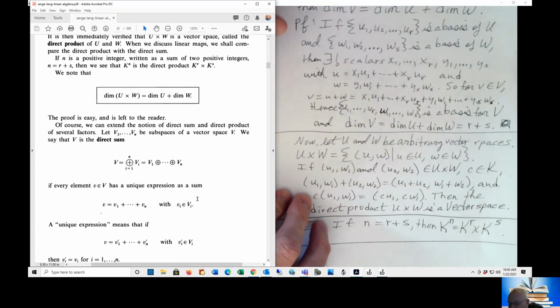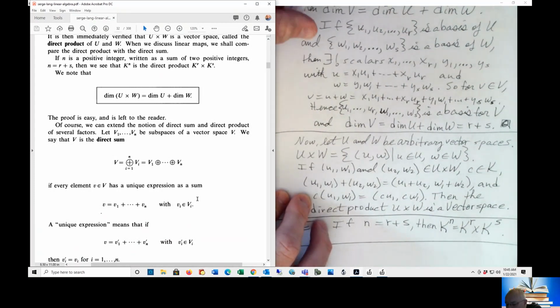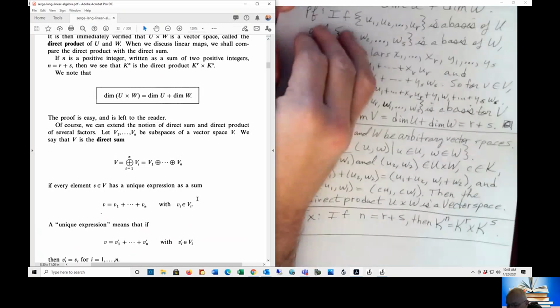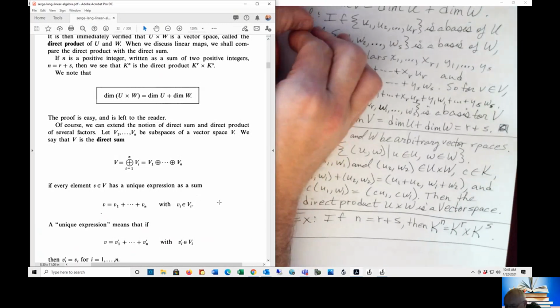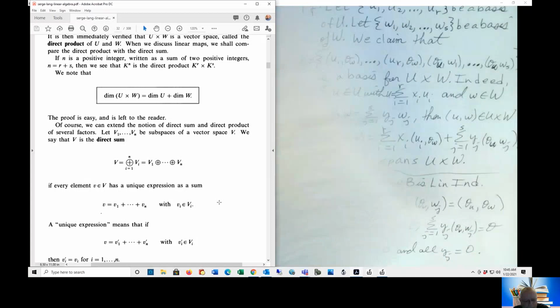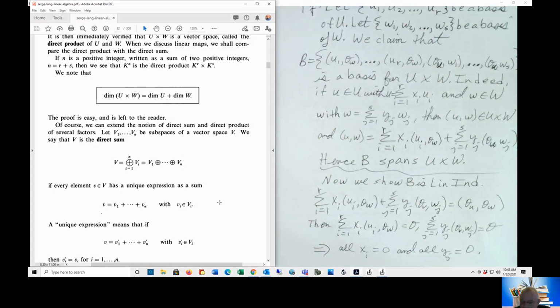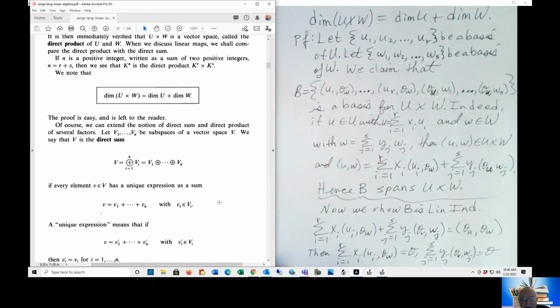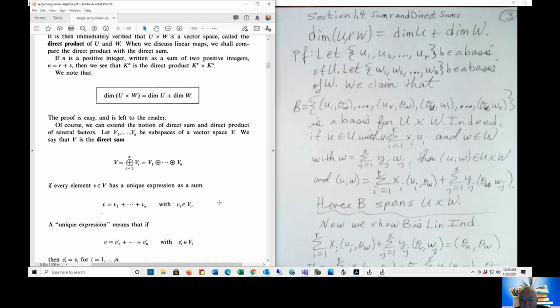Now next, we have a very important result. The book says it's easy to prove, but I differ with that opinion. And here it is.